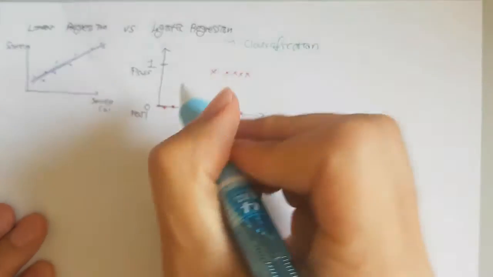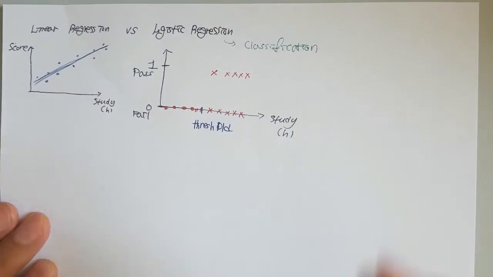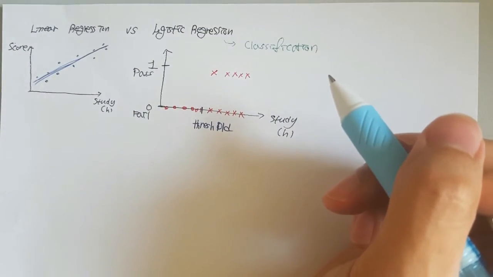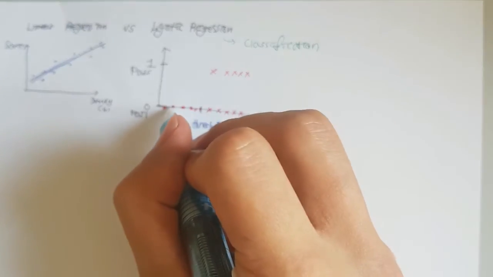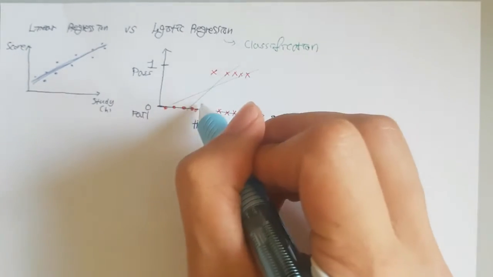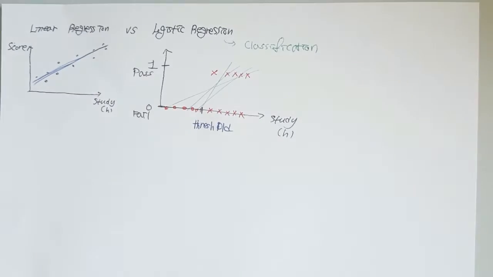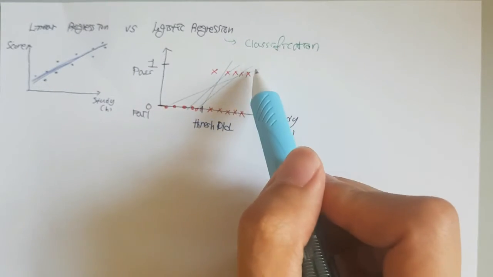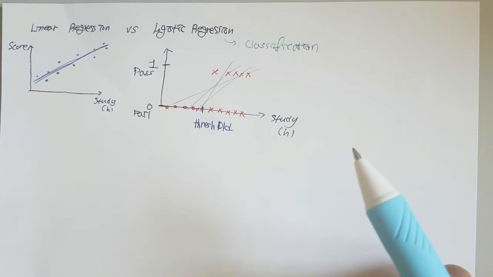Threshold. So for the graph, there is no linear graph or any line which can be drawn, because it's not suitable to predict or represent this graph.